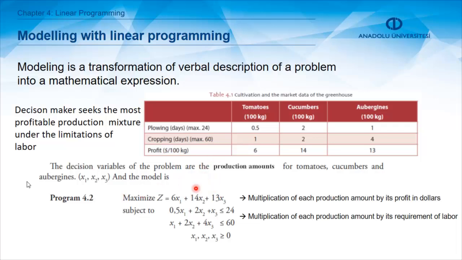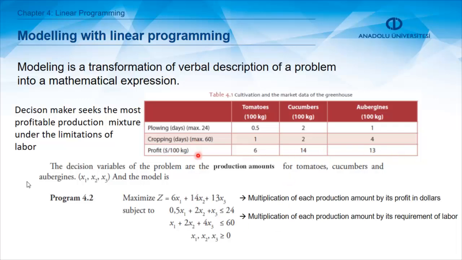Our decision variables here are the production amounts of tomatoes, cucumbers, and aubergines, and these are x1, x2, and x3 respectively. As the producer seeks the most profit, the objective function is a maximization of the multiplication of each production amount, x1, x2, and x3, by their respective profits in dollars. These are the profits of each plant given in the last row of the table.